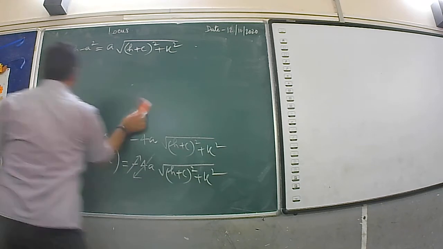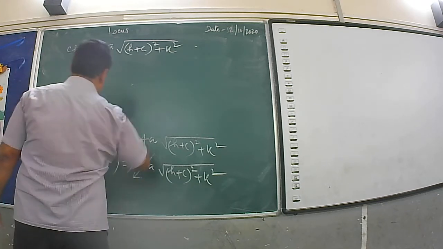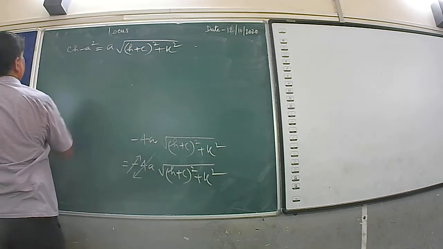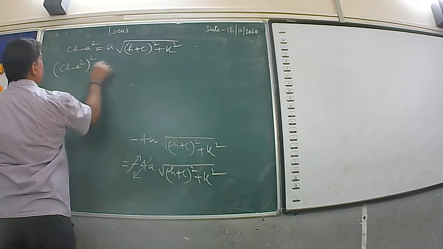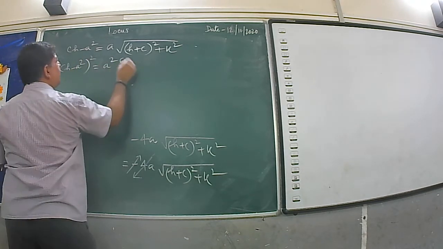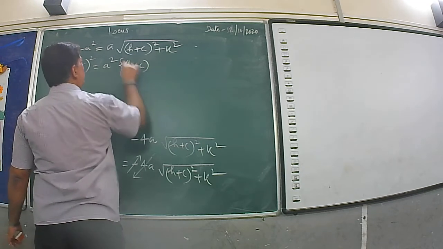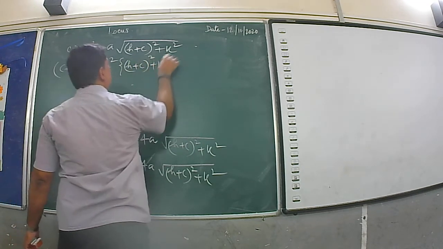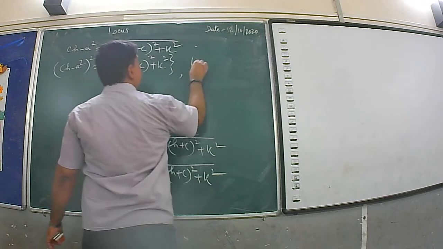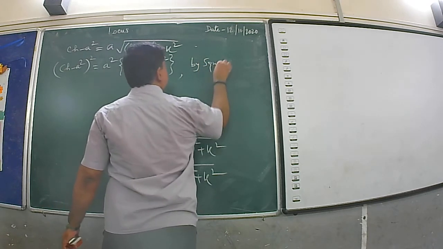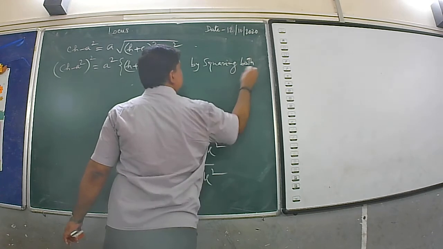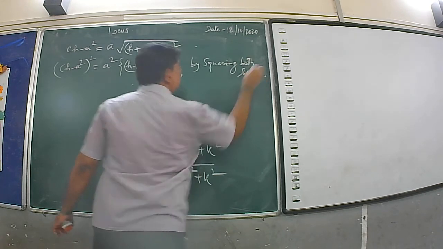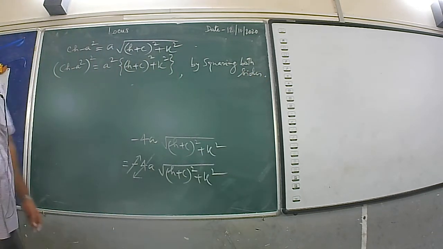Then from here again take the help of squaring. What happens? (ch plus a square) whole square is equal to a square in the bracket (h plus c) whole square plus k square. You have to write it by squaring both sides. We have squared both sides. Now what happens?